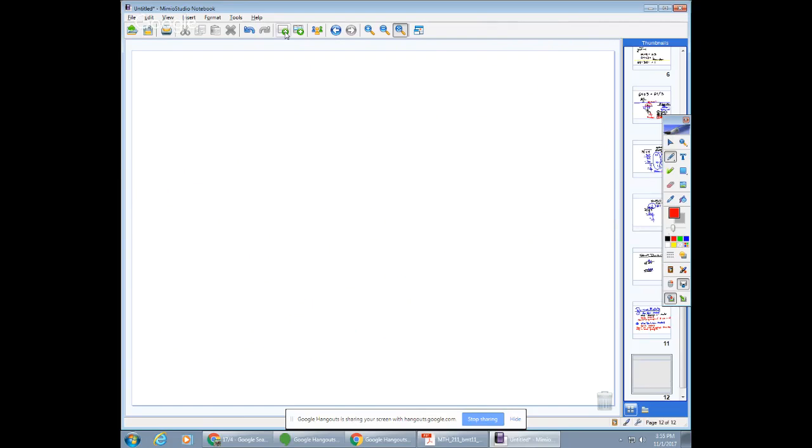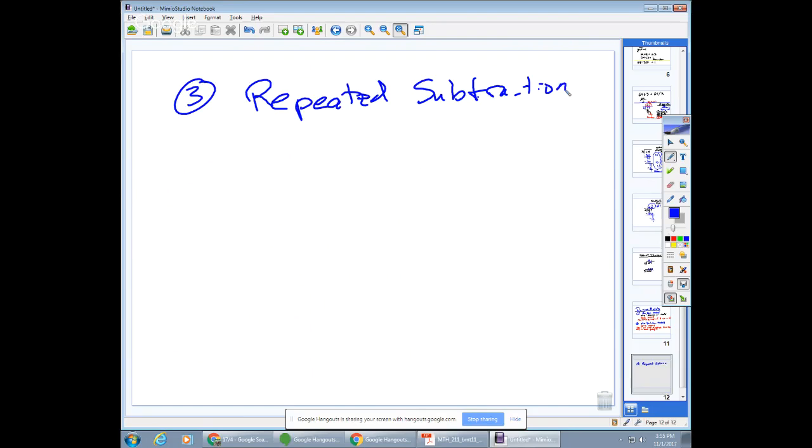Next model is just the idea of repeated subtraction. 12 divided by 3.